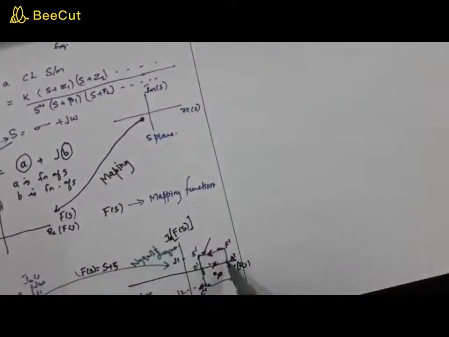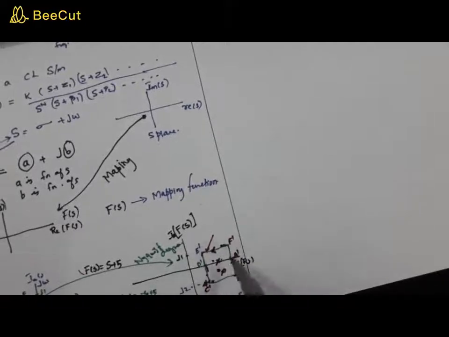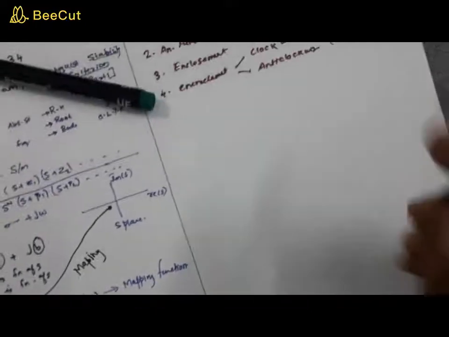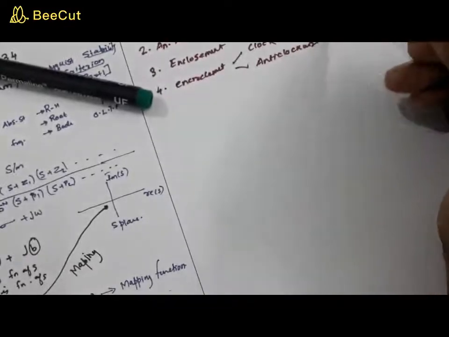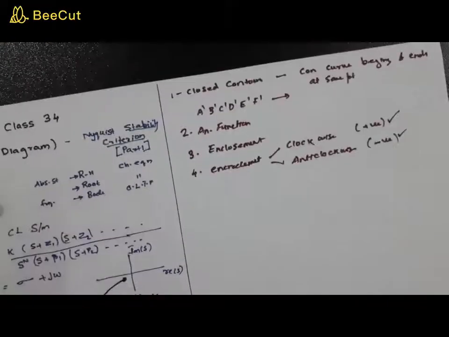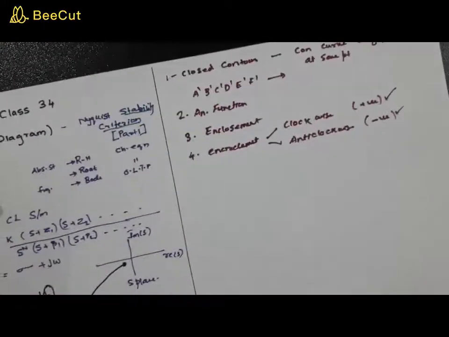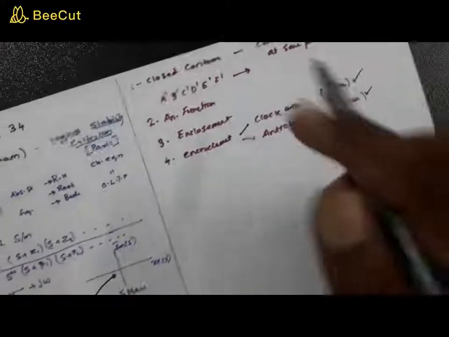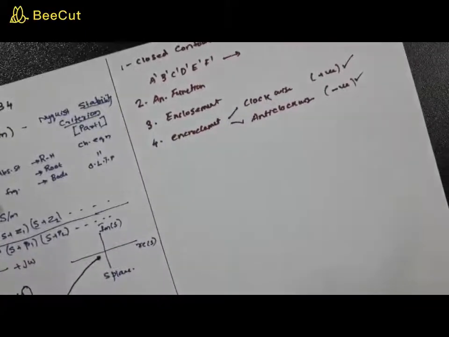So when you map, the contour will also have a direction. It may be in the clockwise or anti-clockwise direction. Do remember this encirclement can be positive or negative depending on the direction. So these are the four terminologies that we come across in this Nyquist diagram.